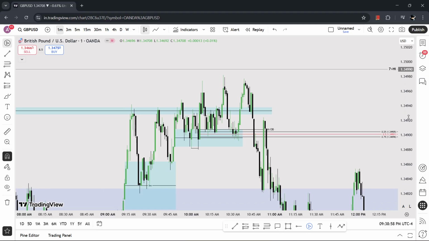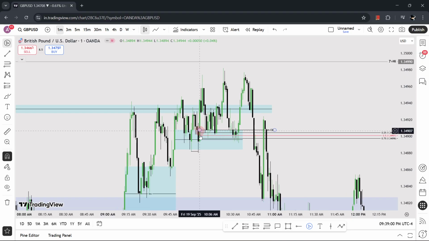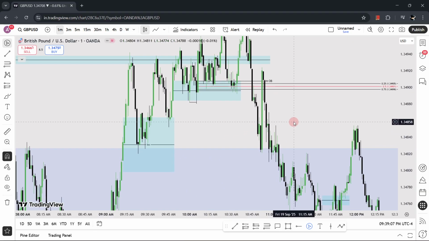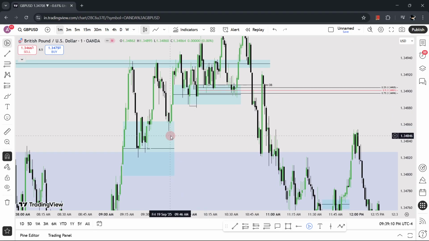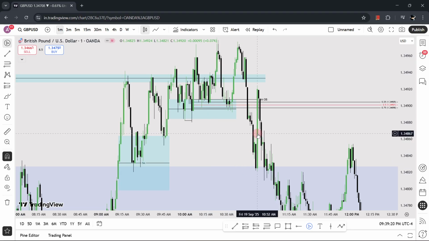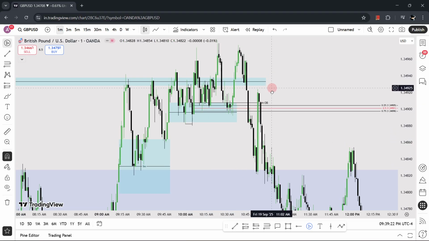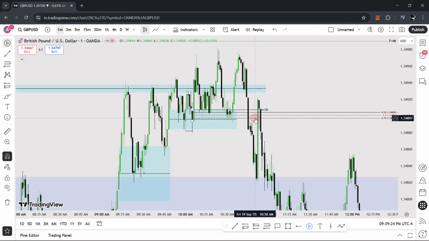I also want you to have a look at this particular order block. After it created a structure shift to the downside, it came back all the way up here to this order block area, coming to fill this particular gap.